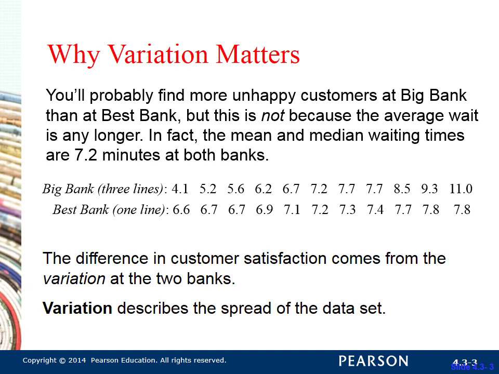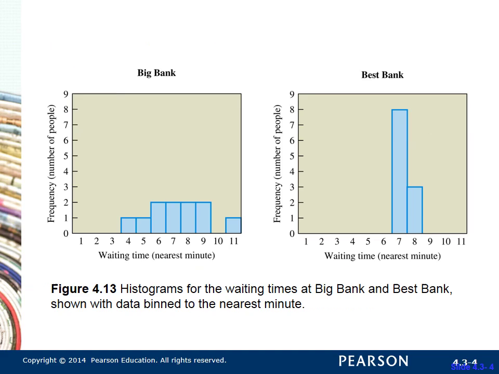So the difference in customer satisfaction comes from this measurement called variation, the variation at the 2 banks, which can be described as the spread of the data. So even though my mean and median are the same, that doesn't tell me how the data values are clustered about that mean or median, how far the spread goes.